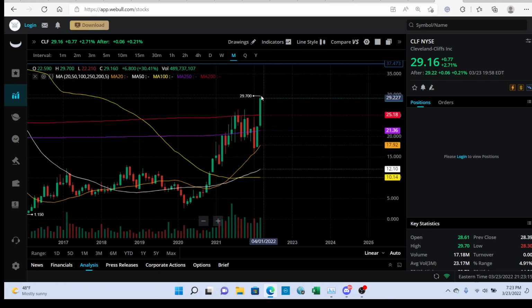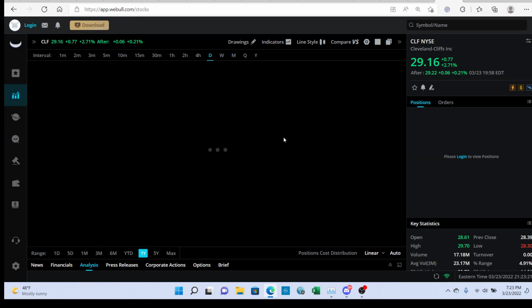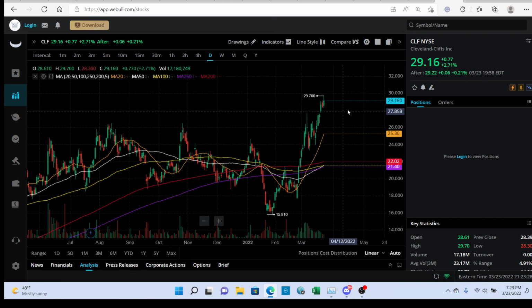Significance of this move right here, I mean, if it gets faded, it's going to be a pretty strong fade. Yeah, as things stand right now, it looks pretty darn bullish, but it does look like it's overbought.